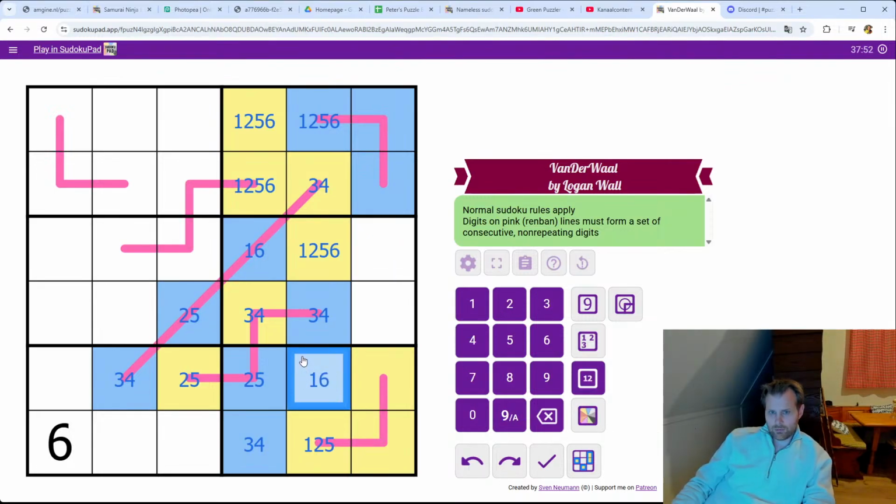This can't be the 2, 5, so this can't be the 1, 6. So this is 1, 6, 4, 3, 4.